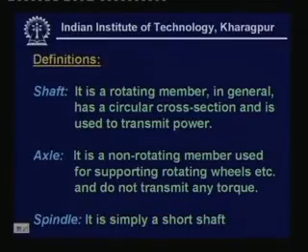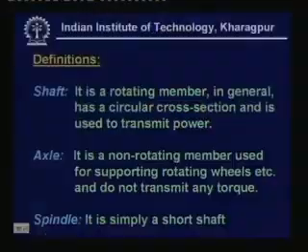And the third one, very commonly known and which you have heard of, is called the spindle. It is simply a short shaft, and this word spindle you will mostly encounter when talking about a lathe spindle.